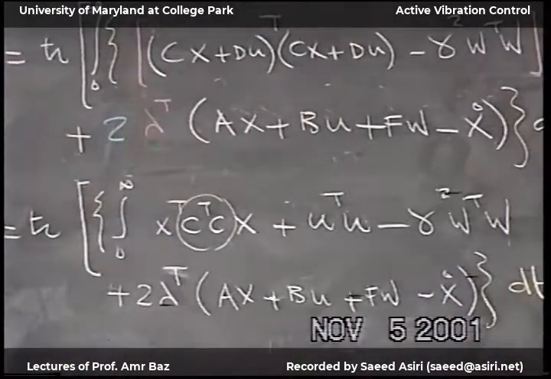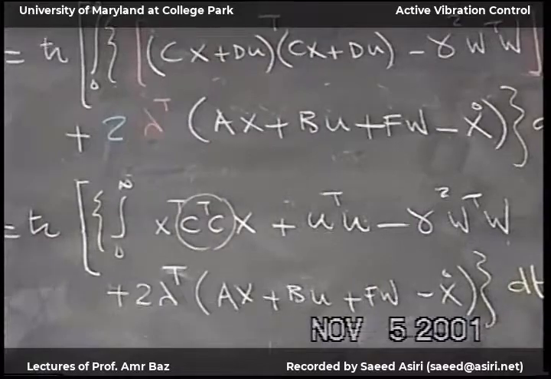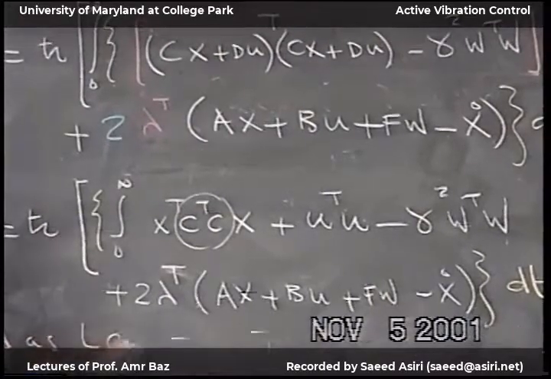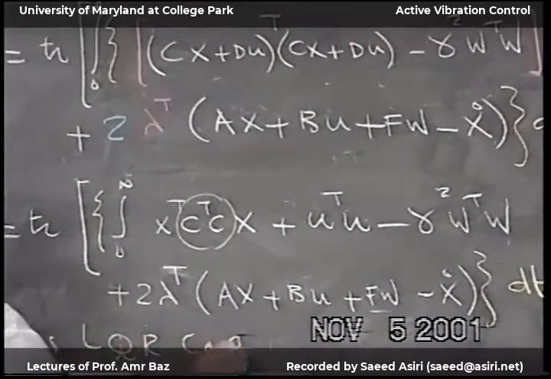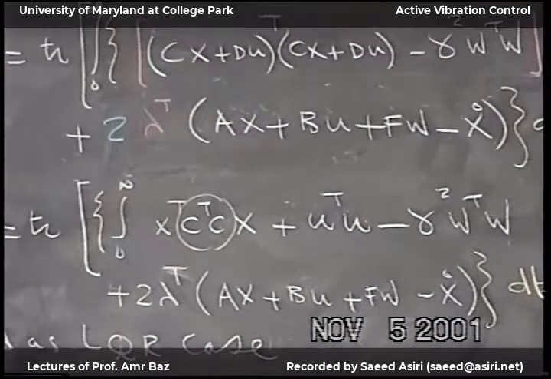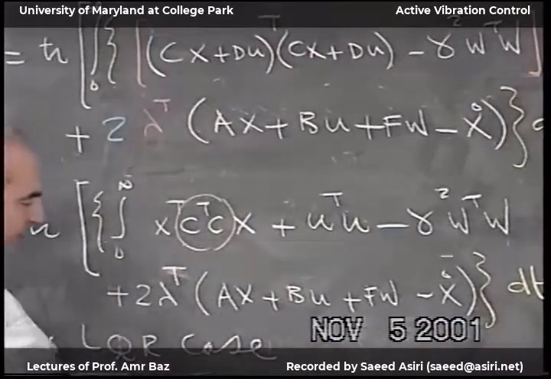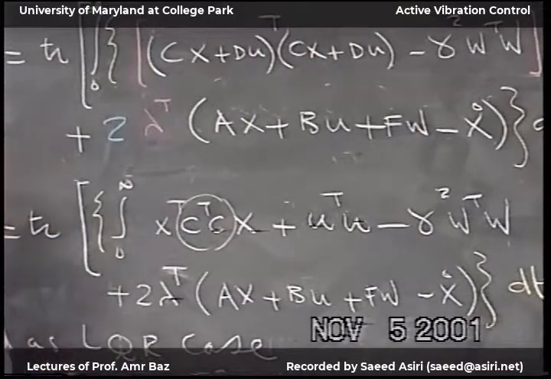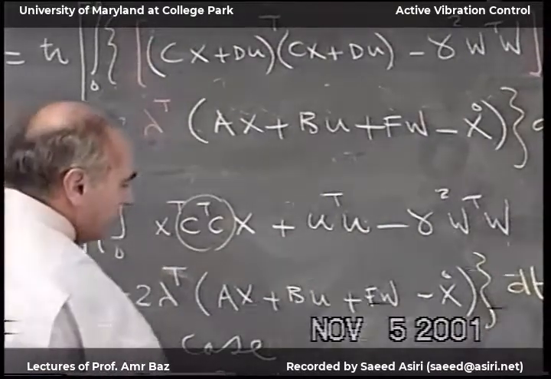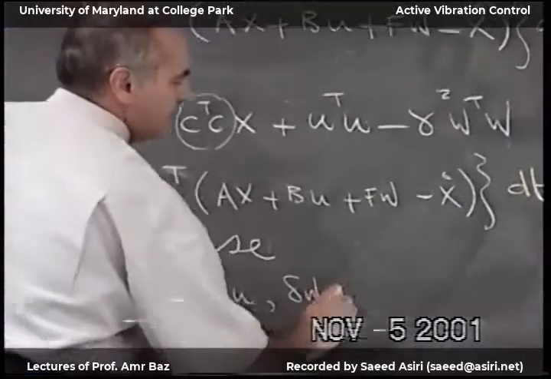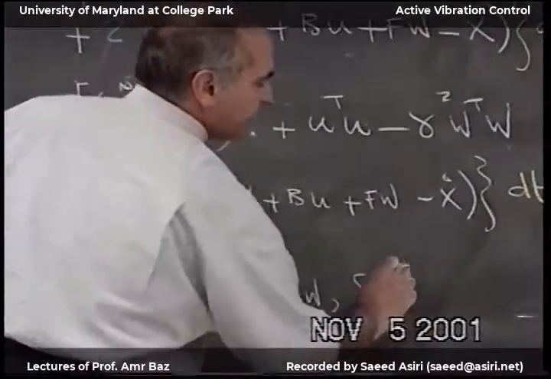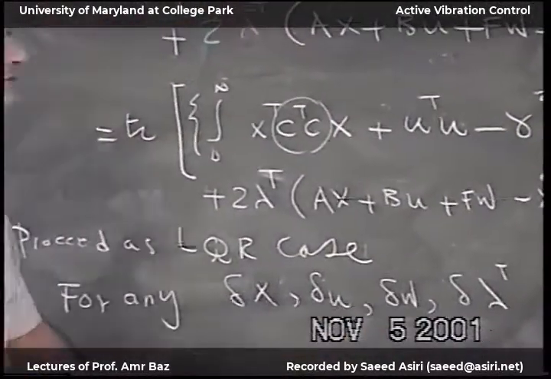And then now proceed as in the LQR case. And then we'll say for any del U or del X, del W, del lambda transpose, we have the following.